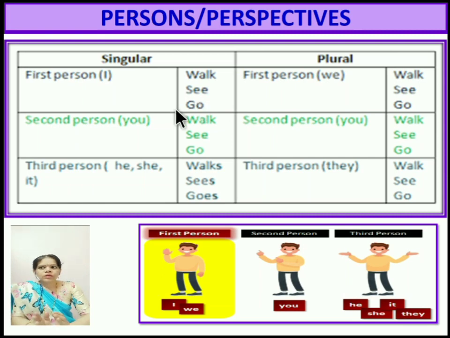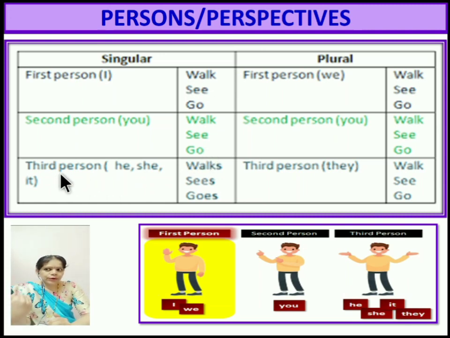Okay. Second person, singular. Second person, the listener, could be singular or plural. So when I say second person, you walk, you see, you go. It could be one student or it could be more than one listener.